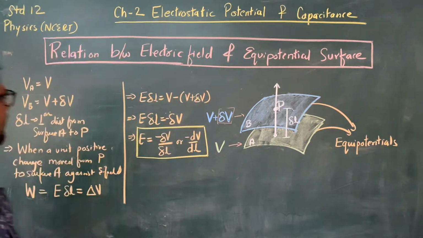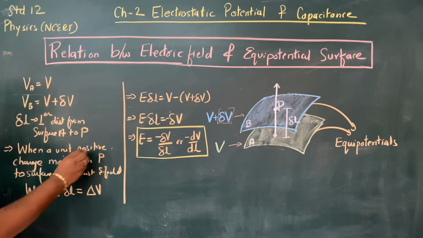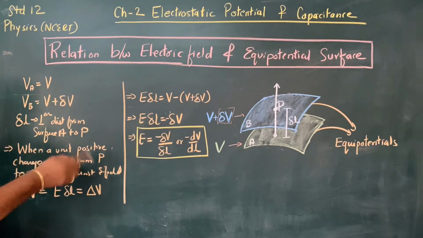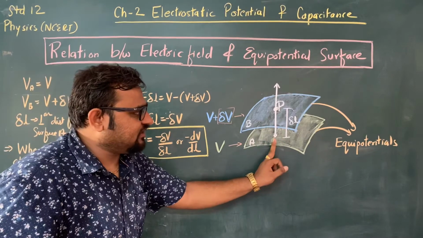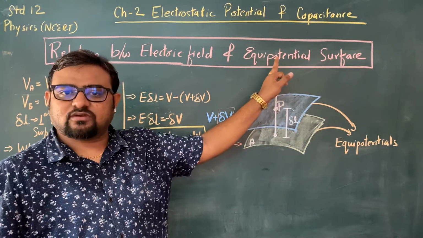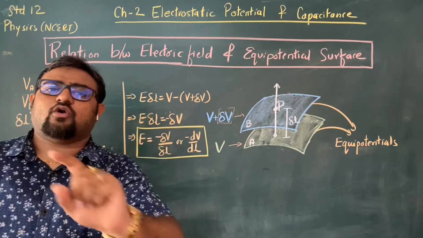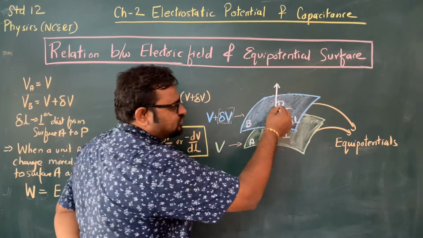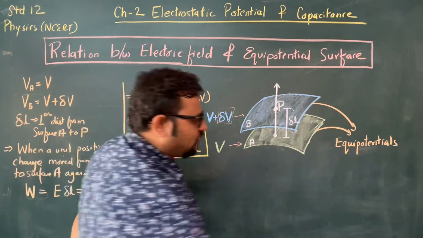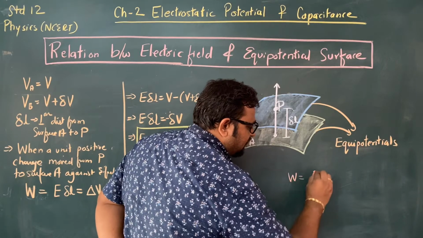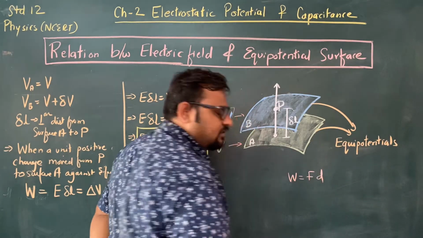Now, a unit positive charge is moved from point P to surface A against the electric field. The electric field is in this direction. What will be the work done? Work done is equal to force into displacement.